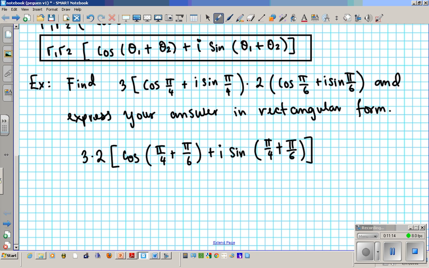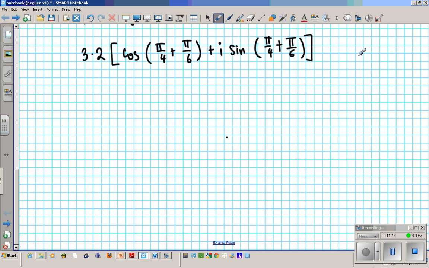Now, what is pi over 4 plus pi over 6? Let me do it on the side here so I can save space. The LCD of 4 and 6 is 12, right? So I need these denominators to be 12. So I multiply this by 3, top and bottom, and this by 2, top and bottom. So this becomes 3 pi over 12 plus 2 pi over 12.